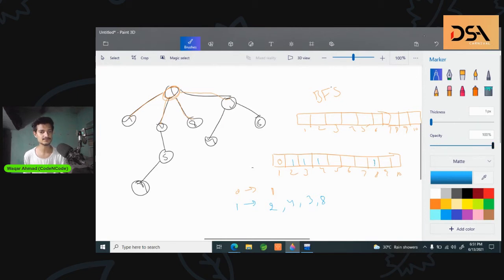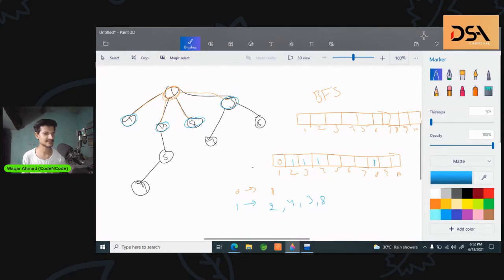Okay, now we have found out these nodes which are at distance 1. How will you find out nodes which are at distance 2? Since this node is at distance 1 from the root, all of the nodes which are directly connected to this and are not visited, like these, must be at distance 2. To reach this, you have to go through one edge.